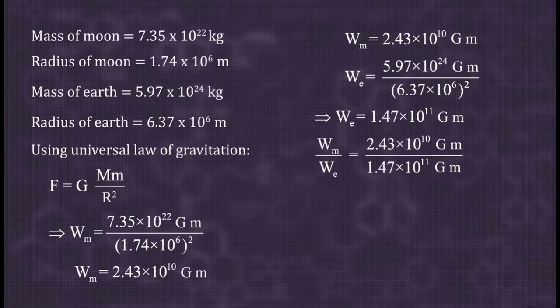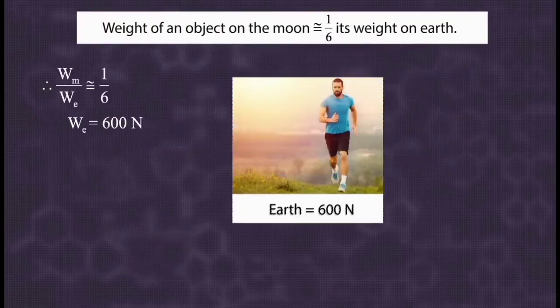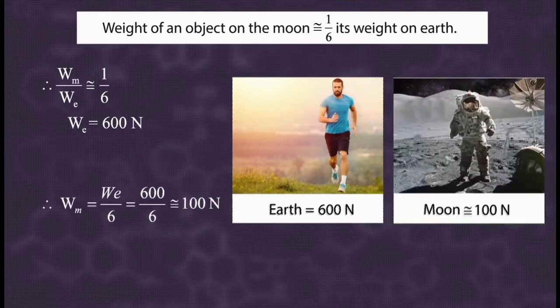By comparing these results, we can determine the relationship between the weight of an object on the Earth and on the Moon. Thus, the weight of an object on the Moon would be approximately 1/6 of its weight on Earth. For example, if the cosmonaut weighs 600 Newton on Earth, he would weigh approximately 100 Newton when he lands on the Moon.